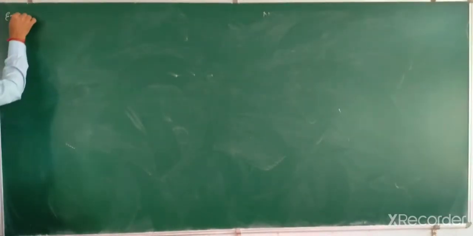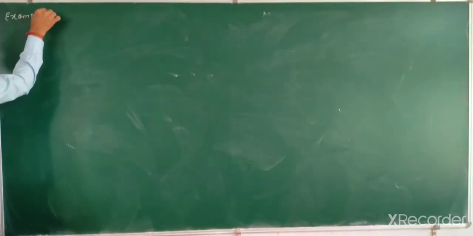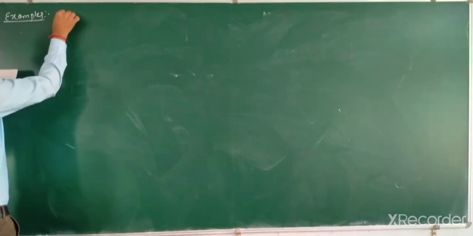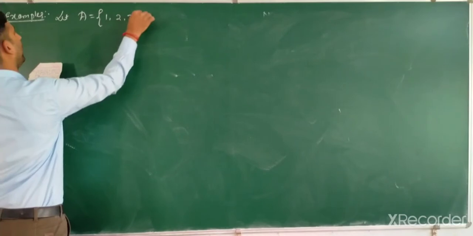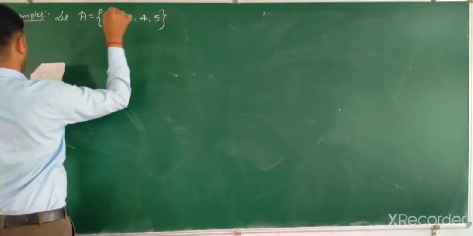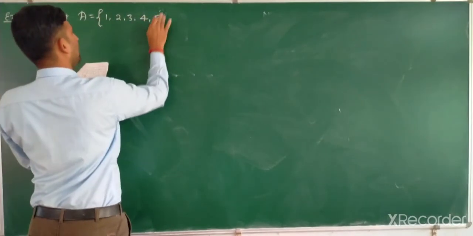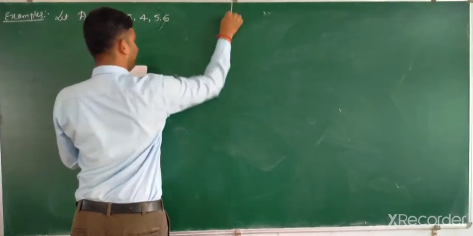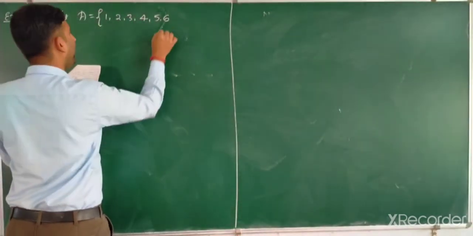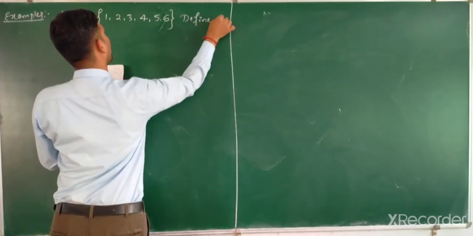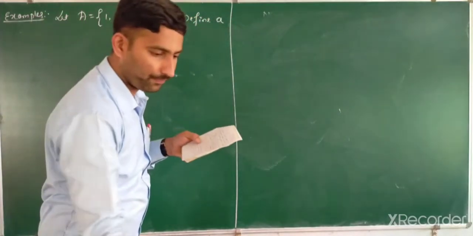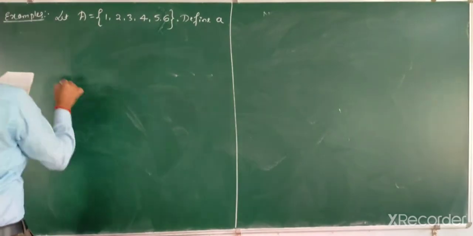Correct? I will write an example. Let capital A be equal to {1, 2, 3, 4, 5, 6}.